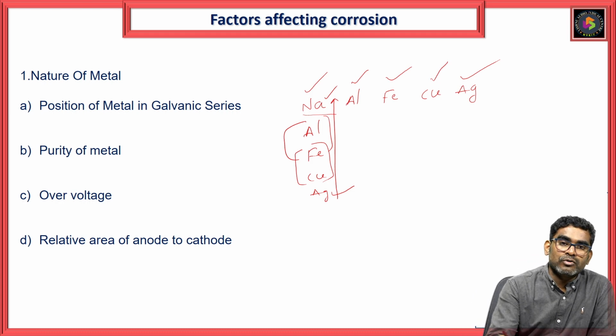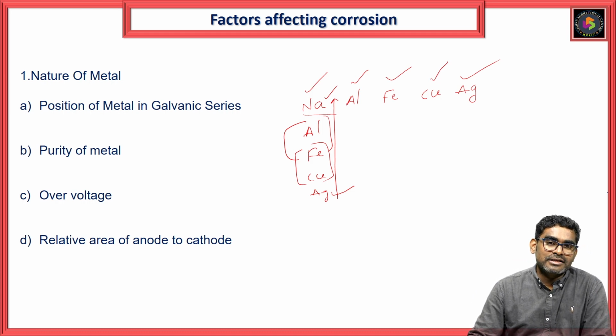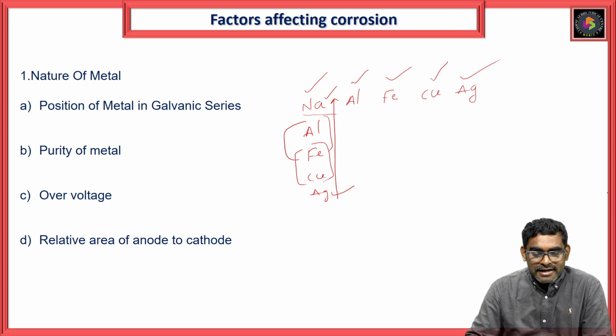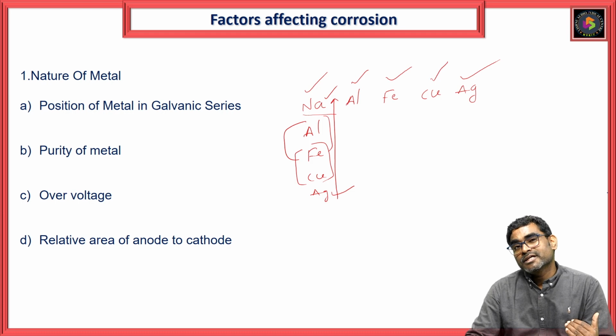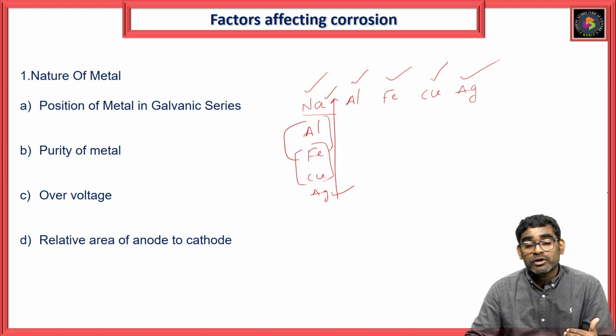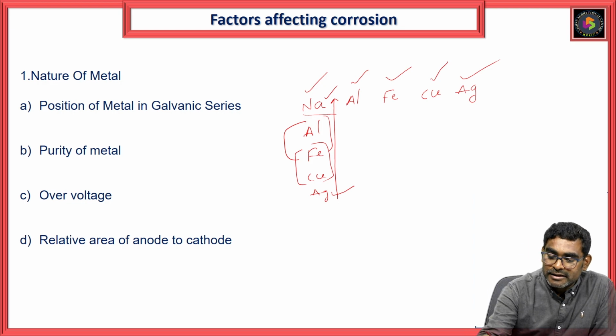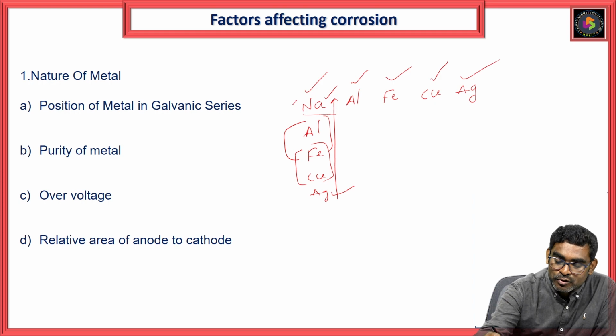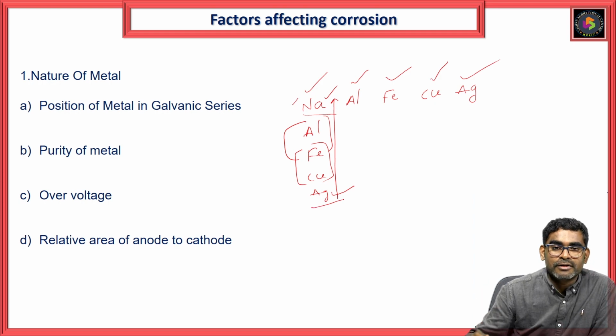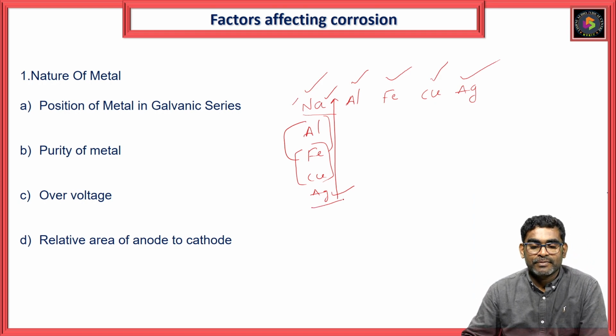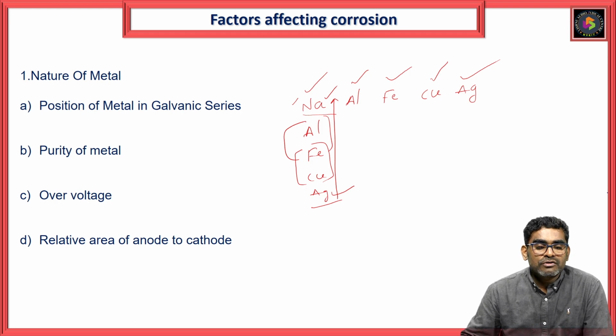So this is about the position of the metal in the galvanic series. It decides the extent of corrosion. The metal at the top undergoes more corrosion, and at the bottom it is protected.